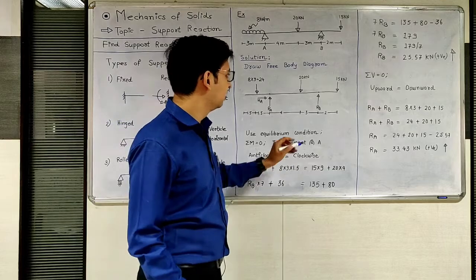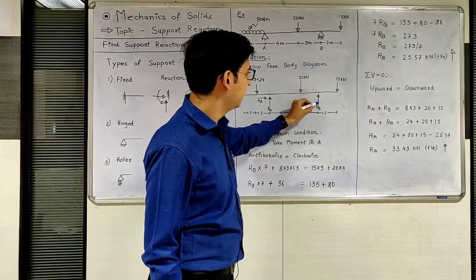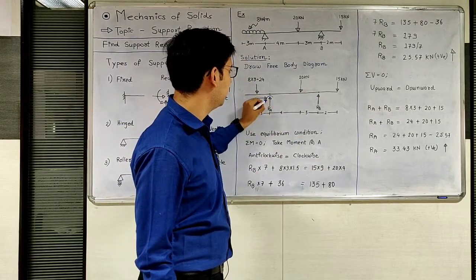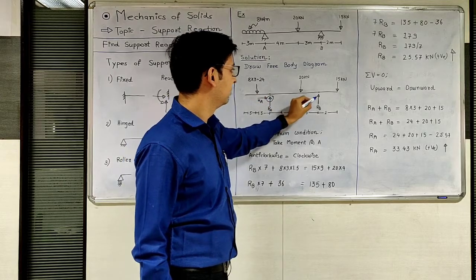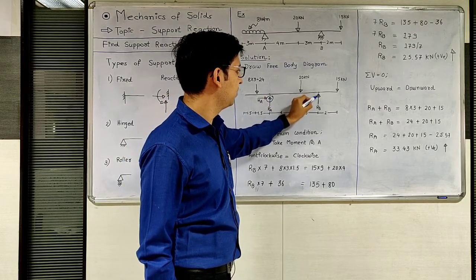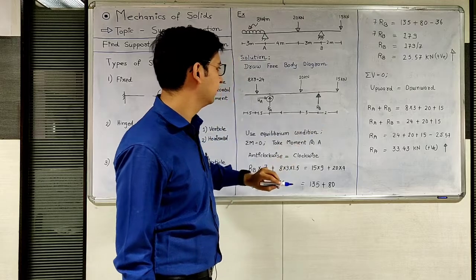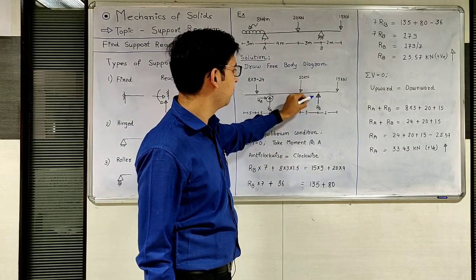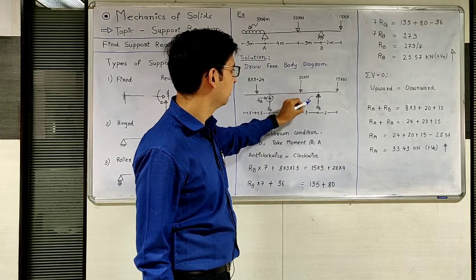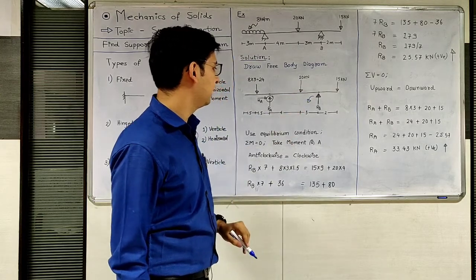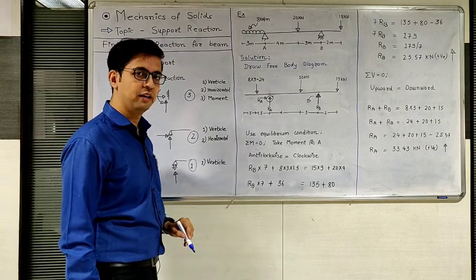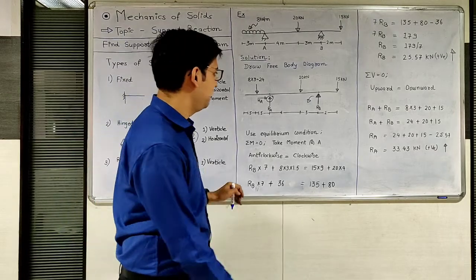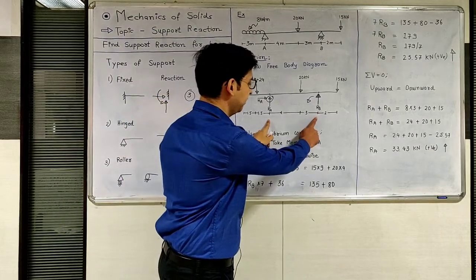If you are taking moment about point A, then you will get support reaction RB in the upward direction, and due to this upward force, the rotation about A is anti-clockwise, and moment means force into perpendicular distance.